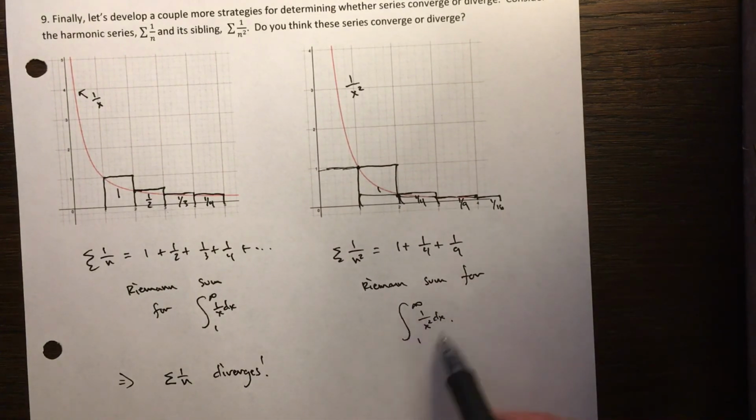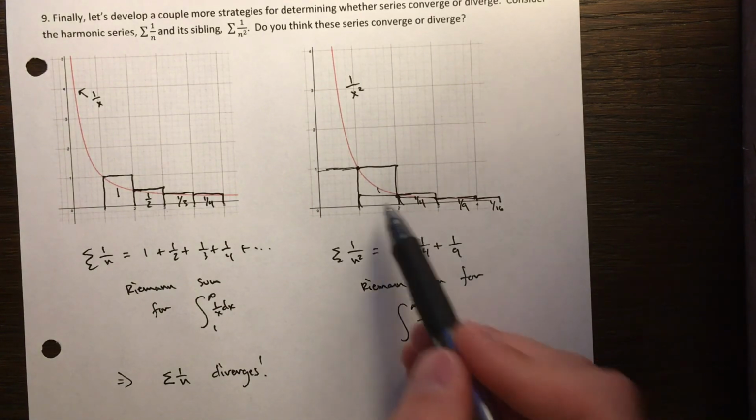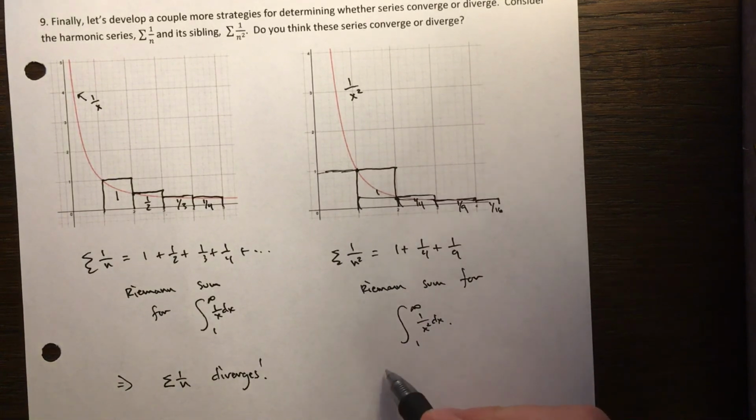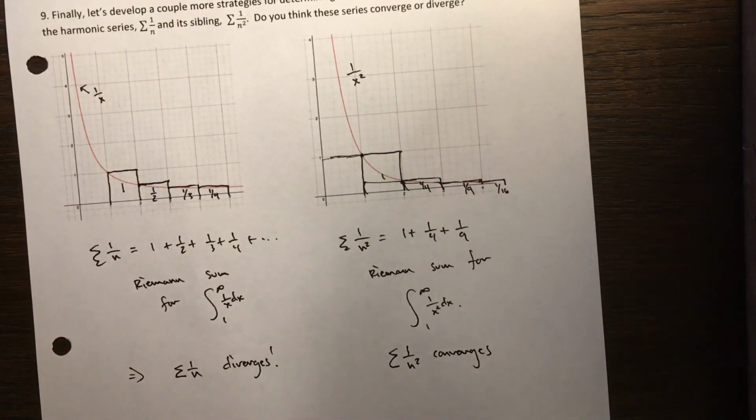If we draw this in the right way, which we can, we know that this converges, but the Riemann sum will be less than that as long as we draw it on the right side in a certain sense. So then this converges.